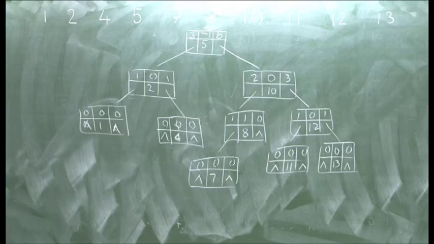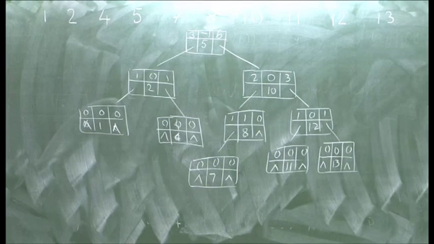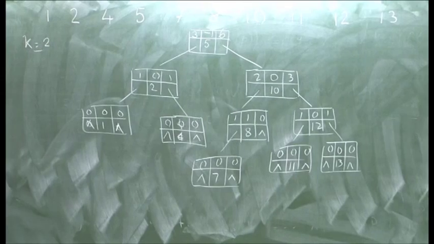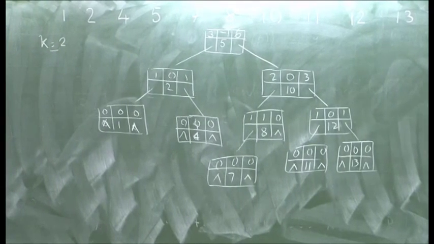Consider this is a balanced binary tree of 10 nodes, and my k is 2. My k is 2. Now how can I proceed?